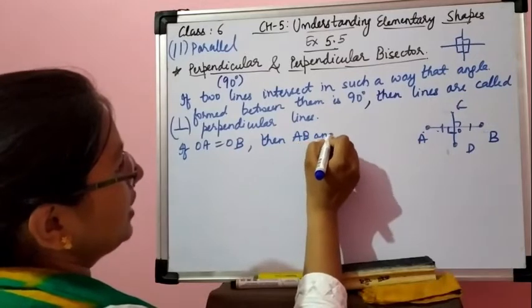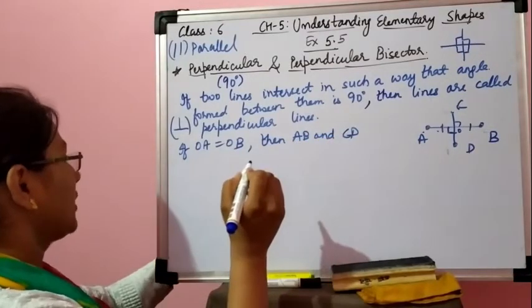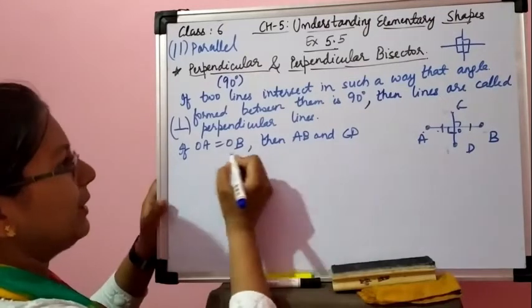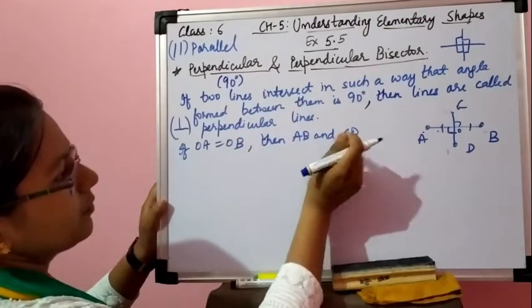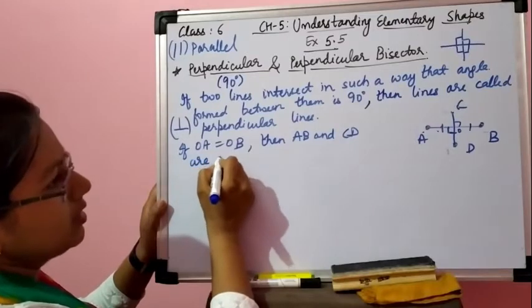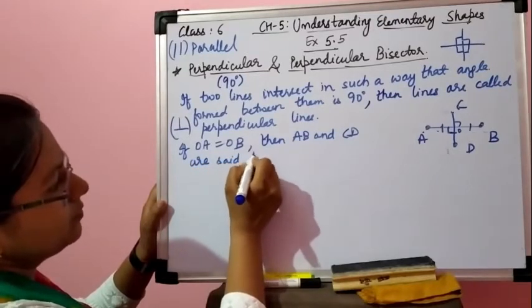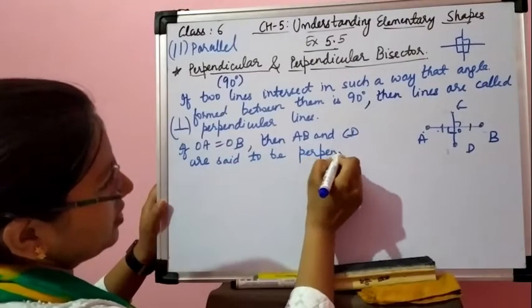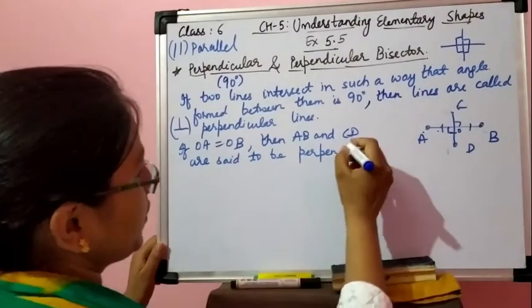then AB and CD are said to be perpendicular bisector. Sorry, not perpendicular lines, perpendicular bisector.